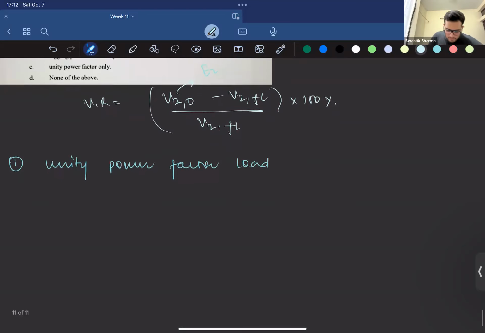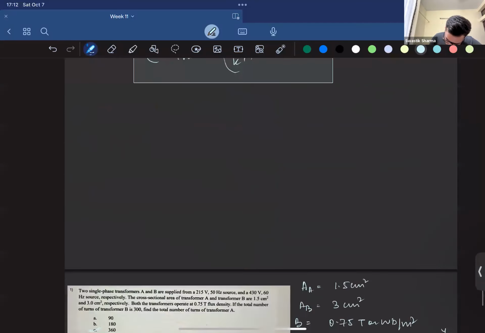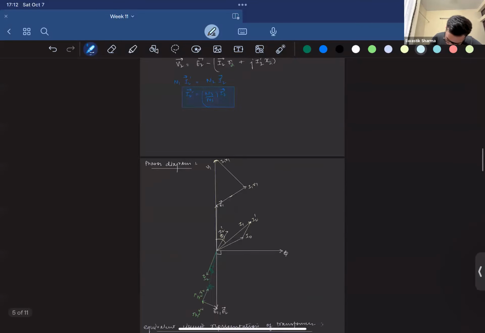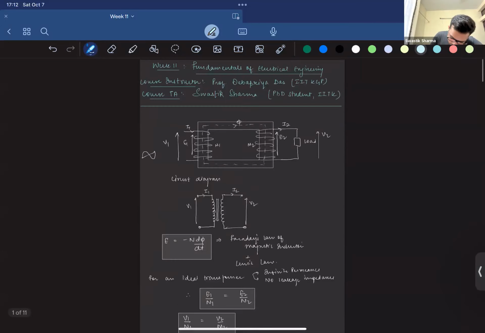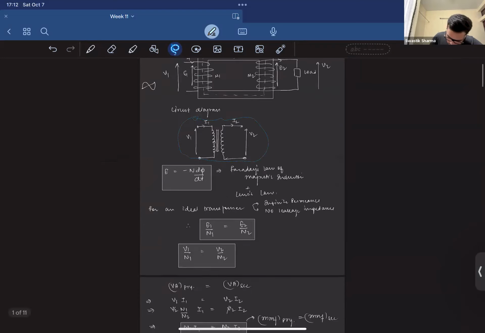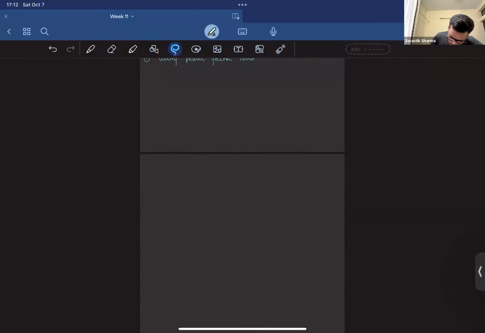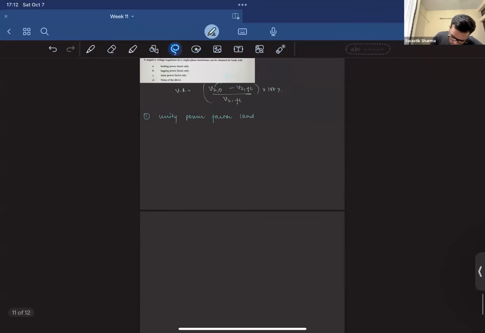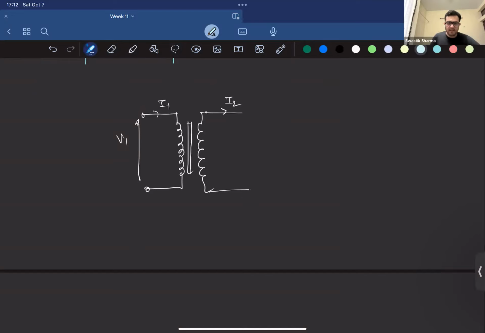If we have a unity power factor load, let's say we have transferred every component from the primary side to the secondary side.